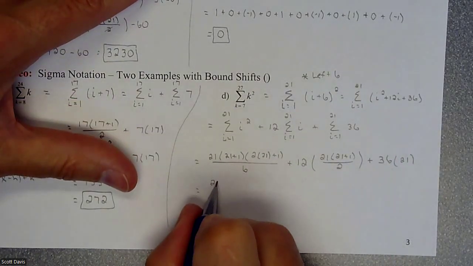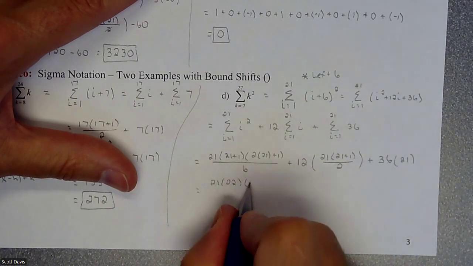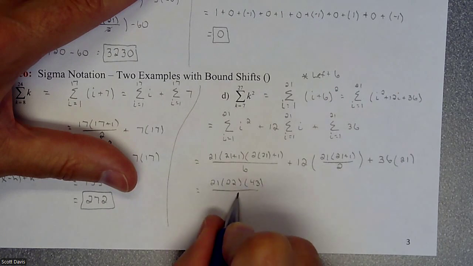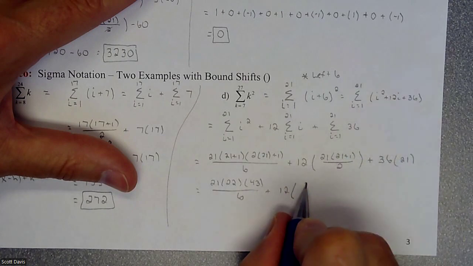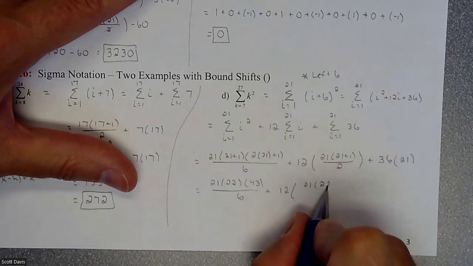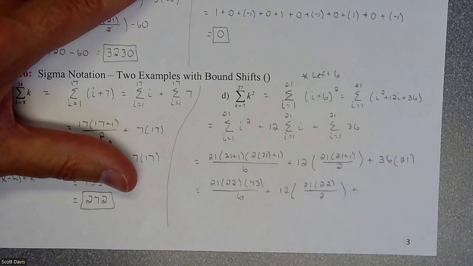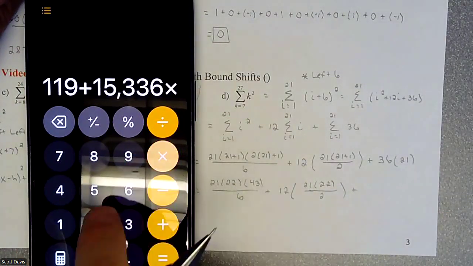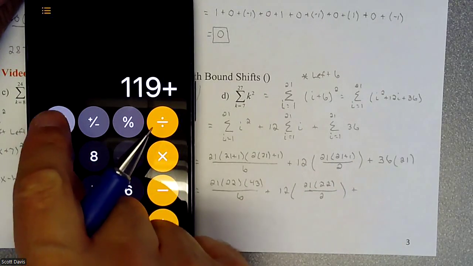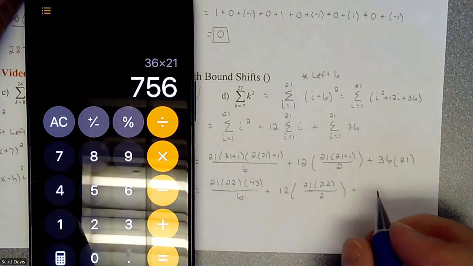So I am looking at 21 times 22 times 42 plus 1, which is 43, all divided by 6, plus 12 times 21 times 22 over 2, plus, let's figure out what 36 times 21 is. 36 times 21, 756.